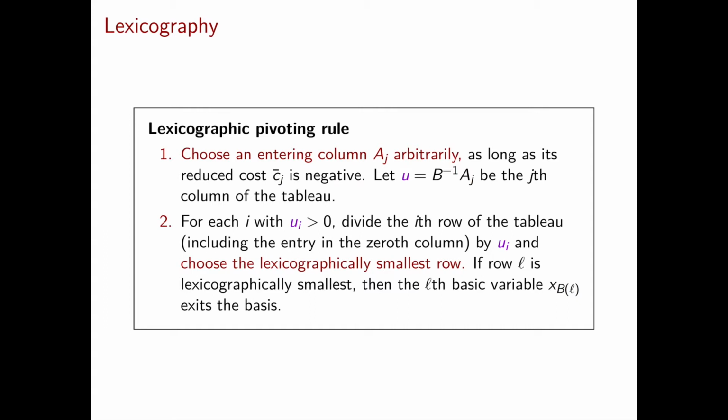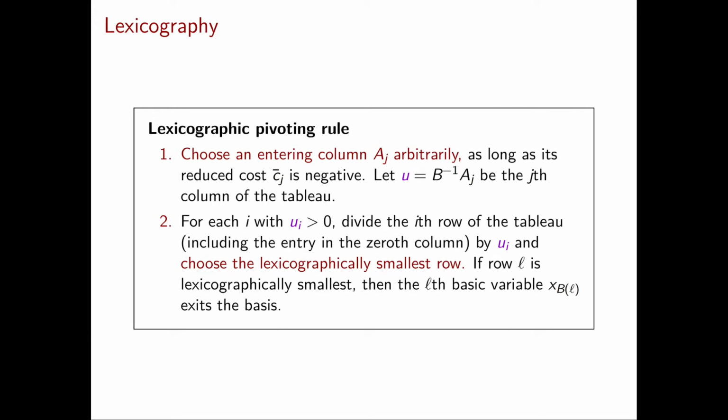Now let's see how we can understand which variable should leave the basis under the lexicographic pivoting rule. For every i with u_i positive, we divide the ith row of the tableau by u_i and we choose the lexicographically smallest row. Such row will be our pivot row. Note that this is in a sense an extension of what we were already doing to determine theta star.